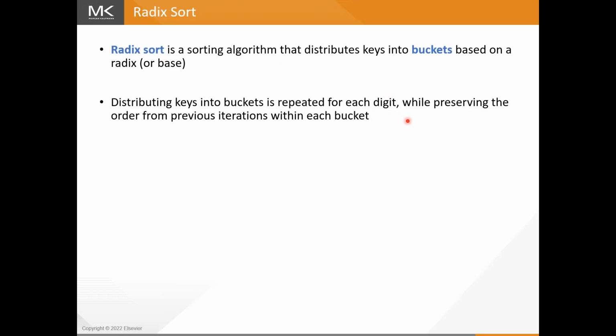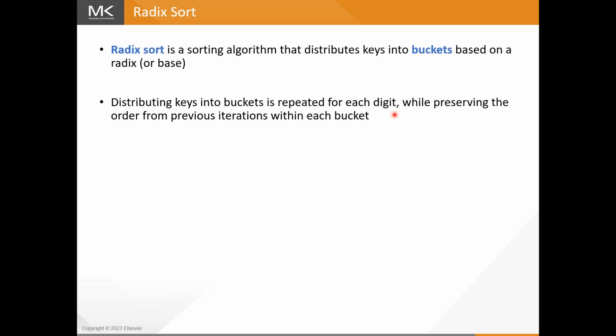I keep taking a different radix value, or digit, so you can think of it as a digit, and then I sort by that radix value while preserving the order from the previous sort. I keep doing that until I've iterated over all my digits, and once I do that, my sorting is done.